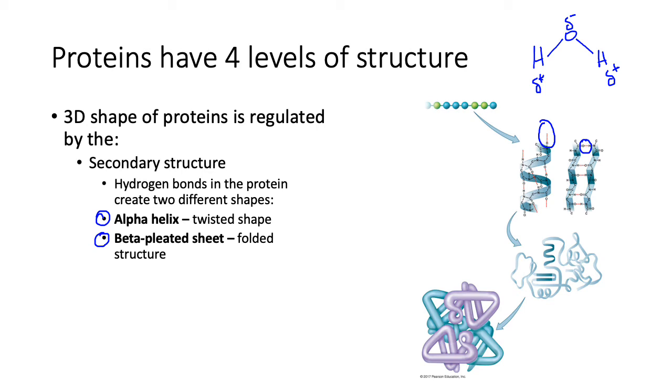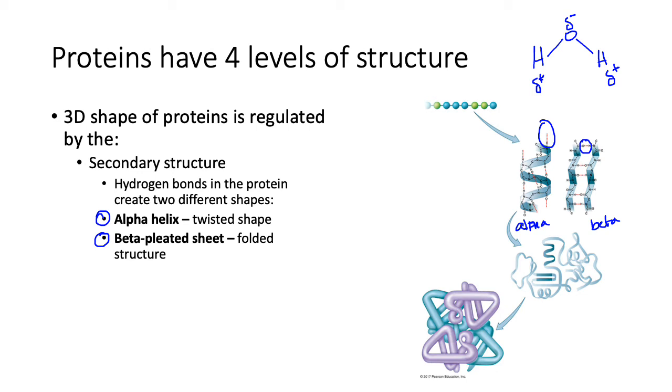An alpha helix, so this is our alpha helix here on the left-hand side of our picture. And notice that an alpha helix is really just a twisted shape. So we create this twist that we see here, where a beta pleated sheet looks more like these kinks. So we have a zigzag shape here instead.